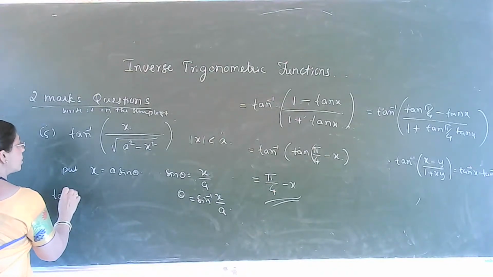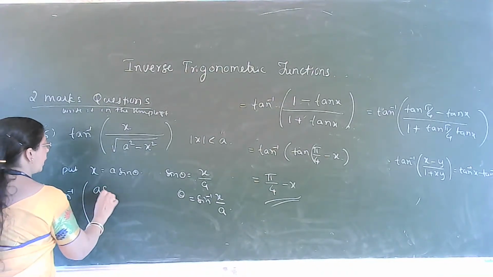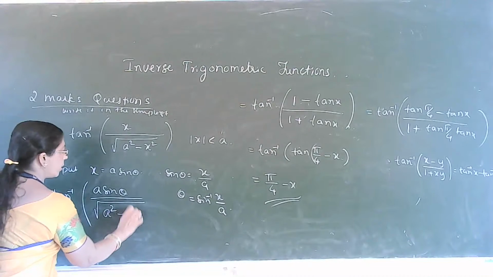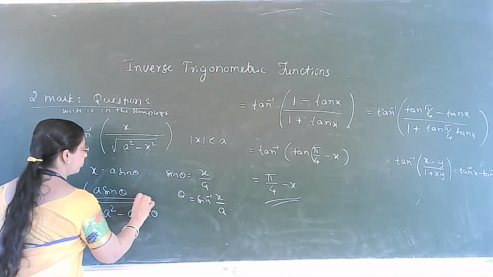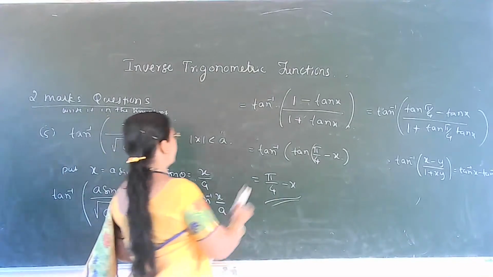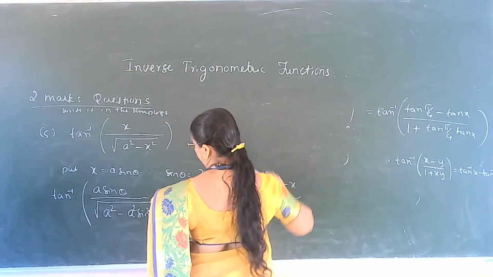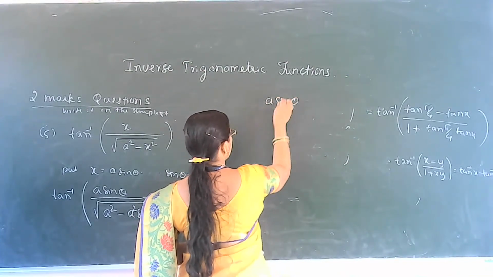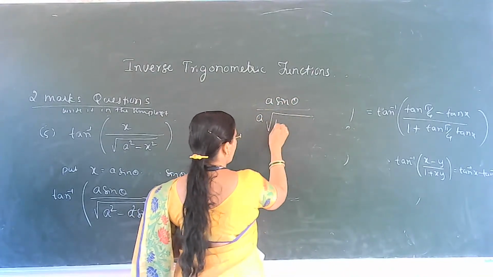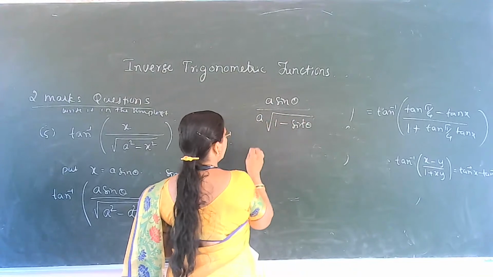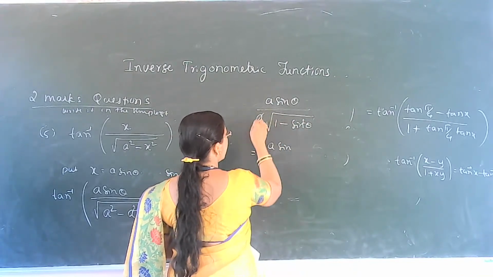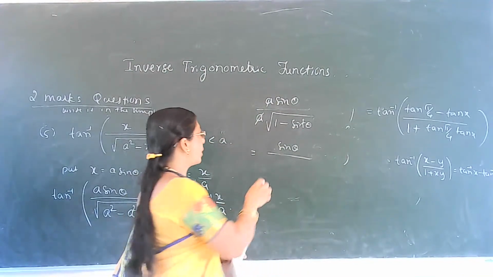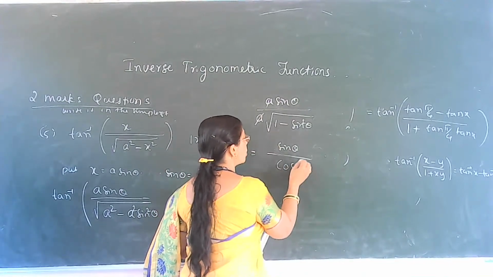Then we put tan inverse of x equal to a sin theta divided by square root of a square minus a square sin square theta. Then a is taken outside: a sin theta divided by a square root of 1 minus sin square theta, which is equal to a sin theta, a cancels, sin theta divided by the square root of 1 minus sin square theta, which is cos square theta, taking square root, is equal to cos theta.